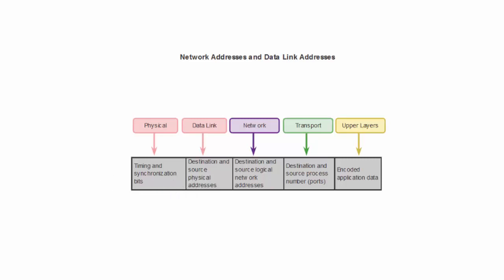Okay, so the network address, for example, identifies the destination IP address, in which case it defines how the message will move from one source network to another remote network. So the network layer header will define both a source IP address and a destination address.